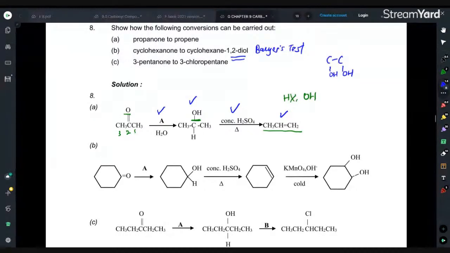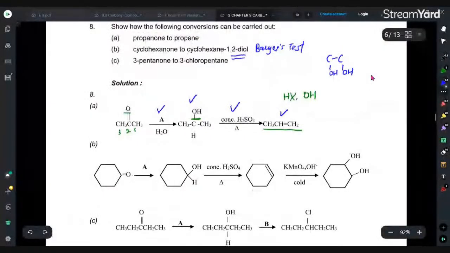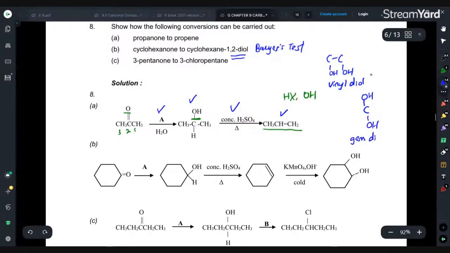This is a vicinal diol, from nucleophilic substitution like this. This one we call a geminal diol or gem-diol, where the OH groups are attached to the same carbon. And this one side by side, involving two carbons, we call a vicinal diol.